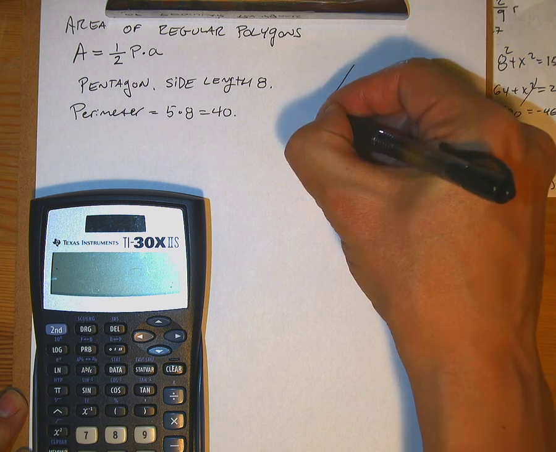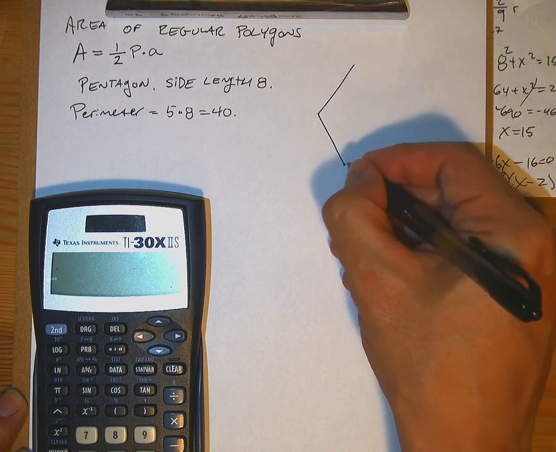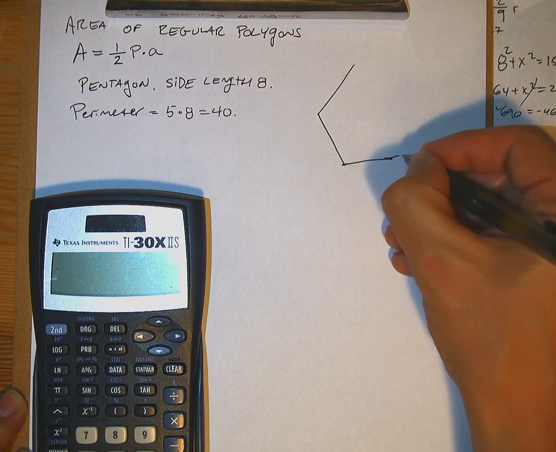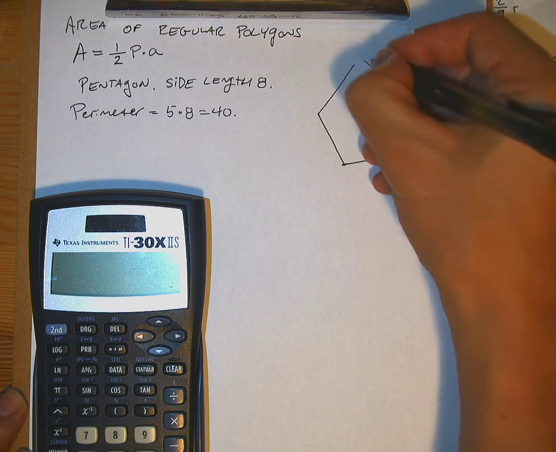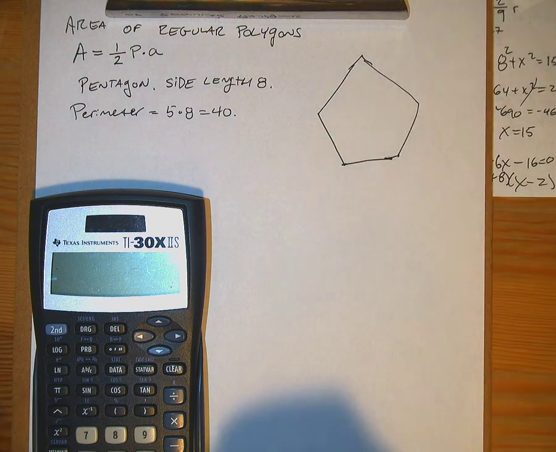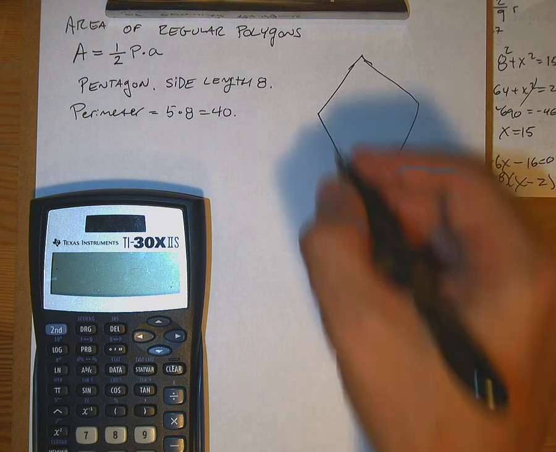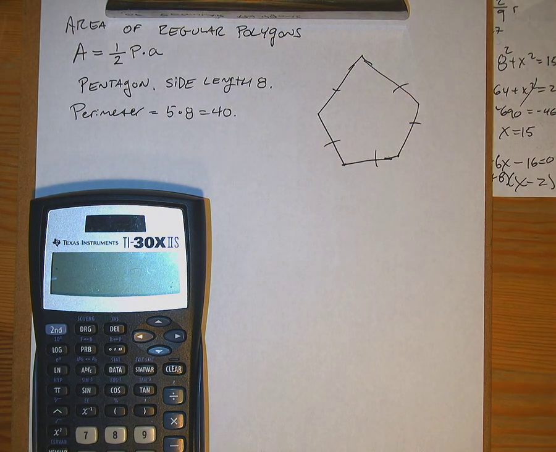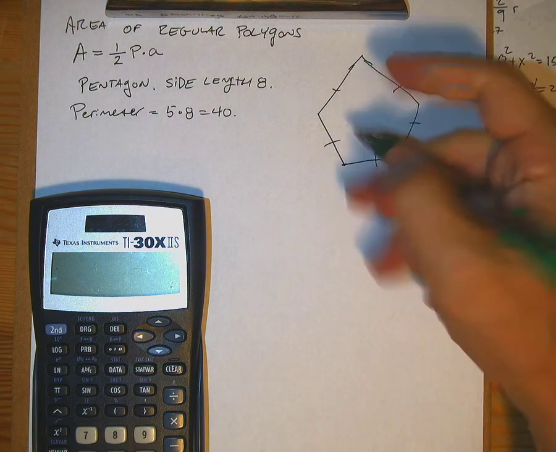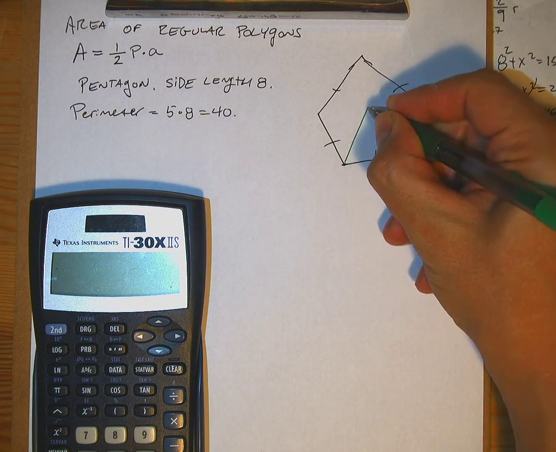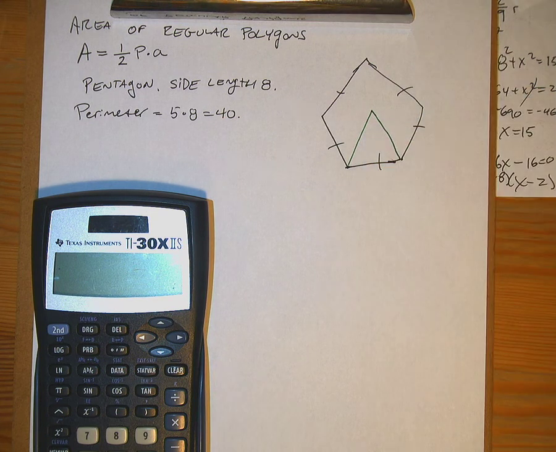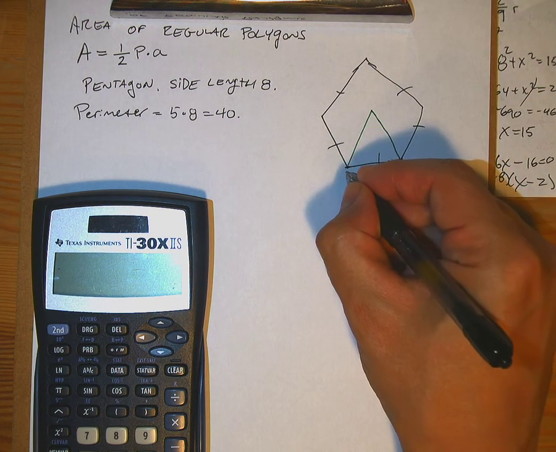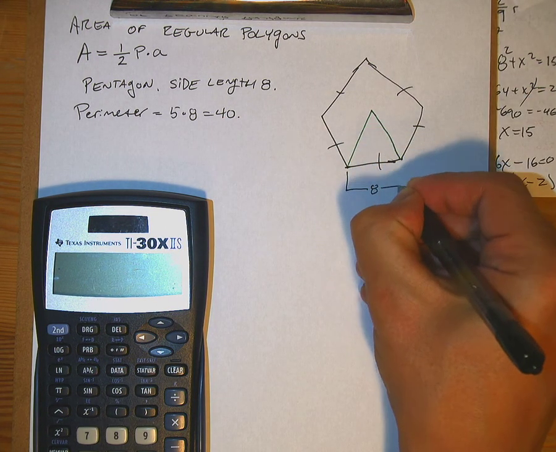So let's just draw in our pentagon, and I'm going to do my best to make a regular pentagon. That's not bad. It's not great either, but it's not bad. It's a regular pentagon. That means all the sides are the same length. And what we're going to do is draw in one triangle here. It's going to have a side length of 8.